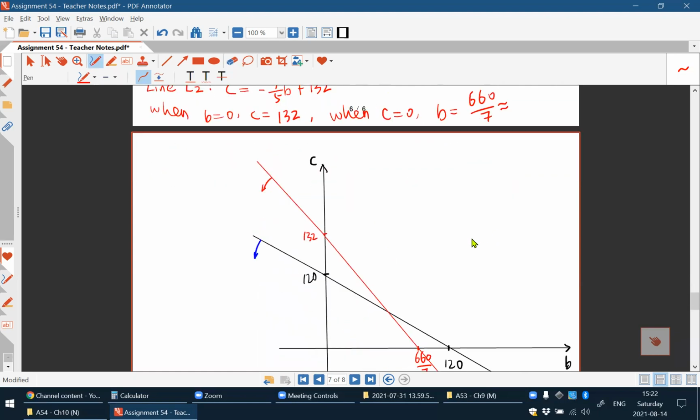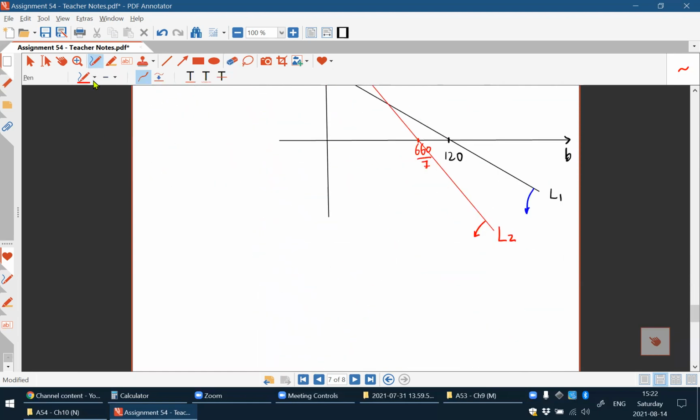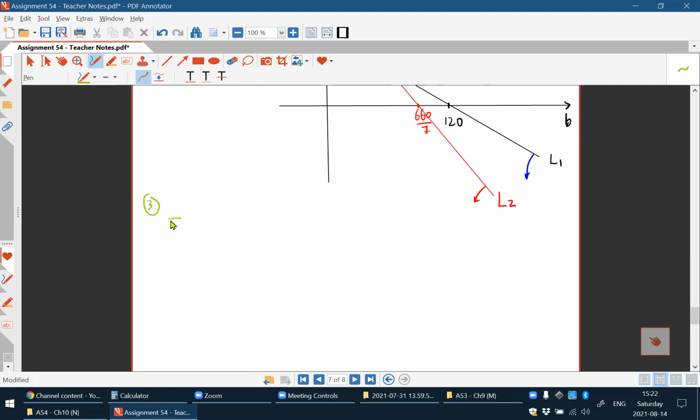All right, now let's consider the third region. Okay, the third one. The third inequality is equivalent to 2C less than or equal to minus 4B plus 340, right?